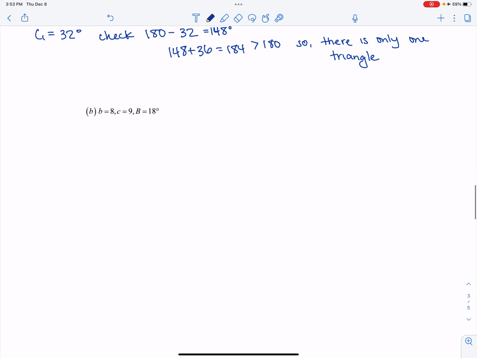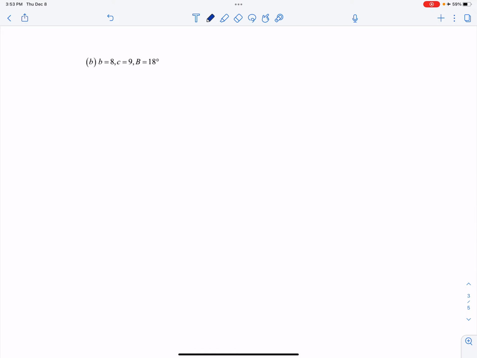Okay, let's do another one. Here we're given side of 8, side of 9, and angle of 18 degrees. So first, let's find another angle.